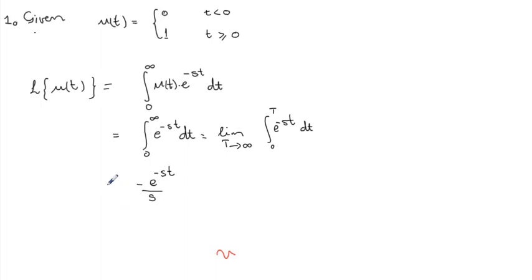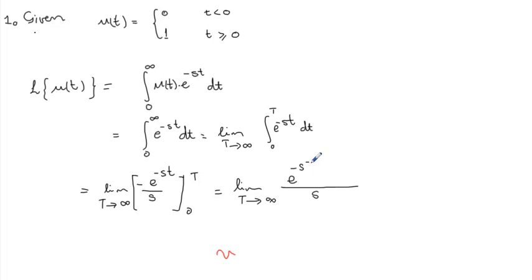Here we're calculating the limit of this as t approaches infinity, and we evaluate it like a definite integral from 0 to t. So this becomes equal to the limit as t approaches infinity of e to the power minus st minus e to the power 0. That's the limit we're calculating there.